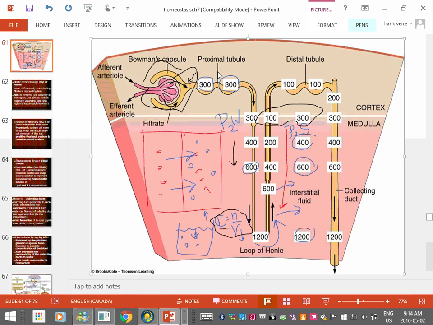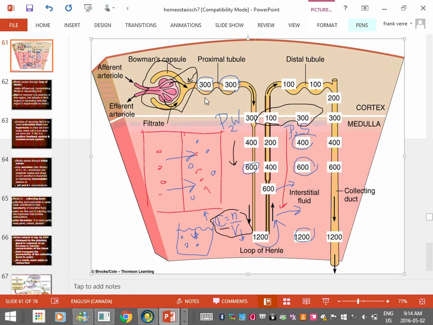Because your sugar levels are really high and the insulin is either not being released or you don't respond to it. So the problem is the sugar levels don't drop enough. Too much sugar goes into the nephron and there's just not enough time to reabsorb all of the sugar.